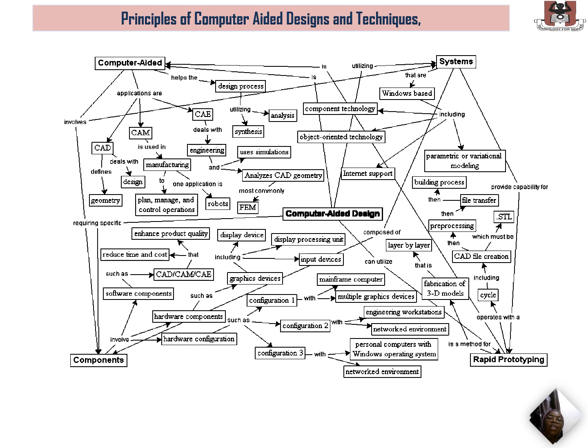KEE deals with engineering, CAM is used in manufacturing, and CAD is used in design and defines geometry. So all these are the links on how computer aided design can be used to get rapid prototyping.